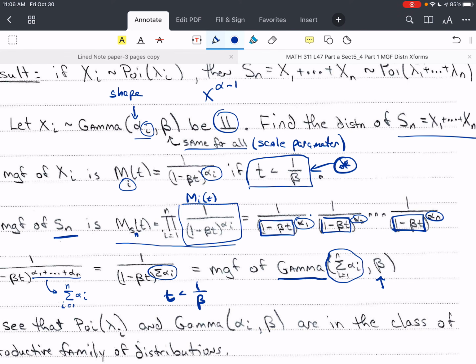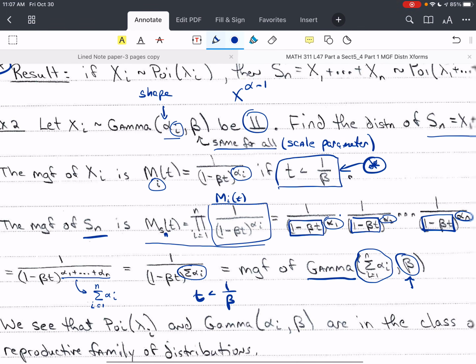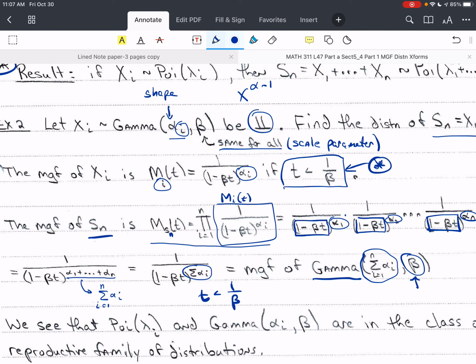Now remember in section 5.2, we showed this result for 2 random variables. I think I did the specific one where beta was 1, and then the book did one where beta is the same. And think about how much easier this method is than the method using the bivariate transformation theorem.